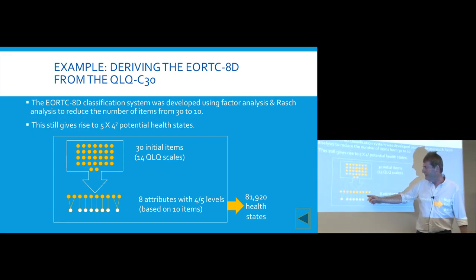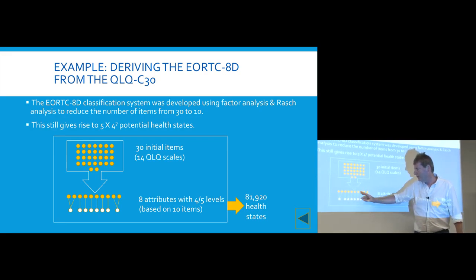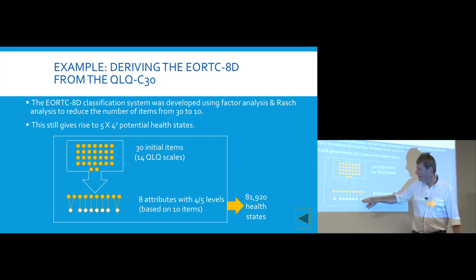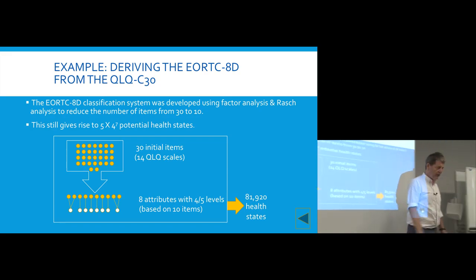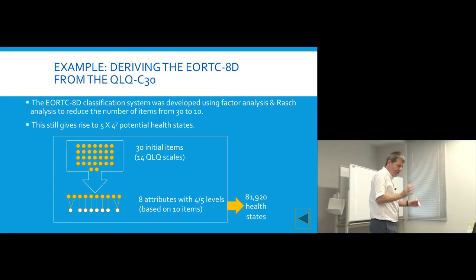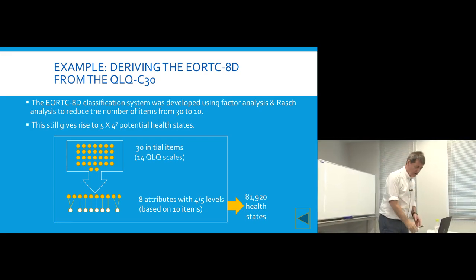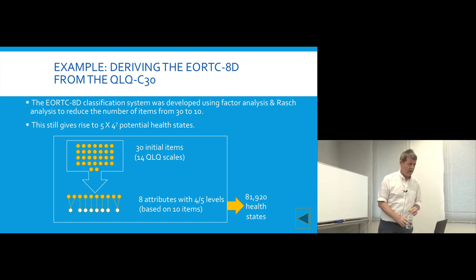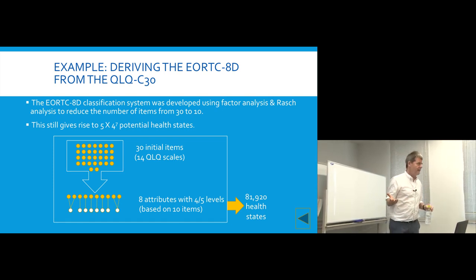They then allocated 6 of the items to particular dimensions, and another 2 dimensions were based on a combination of 2 items. So this item reduction took place, and they end up with a measure that's got 8 attributes with 4 or 5 levels for each attribute. Compare that with the EQ5D-5L, 5 attributes, 5 levels.